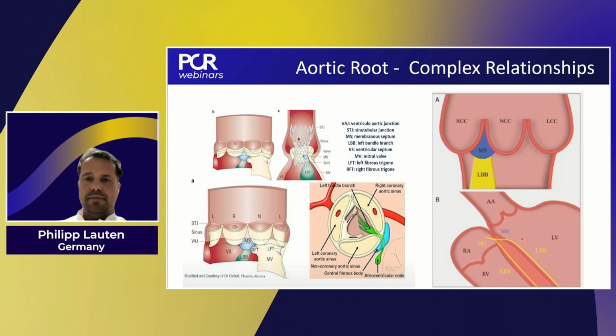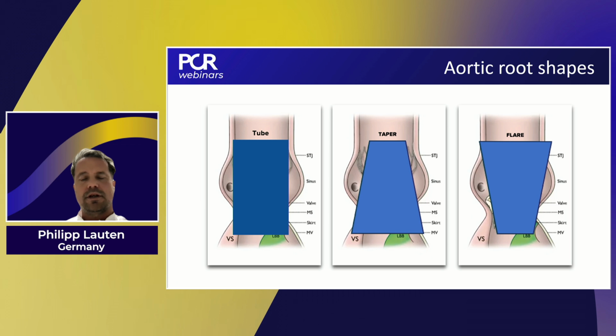It's really important in the CT to screen the aortic root shapes. We have tapered and flared root shapes according to the LVOT. This is important, especially if you use self-expanding valves, because of the risk of embolization, maybe if you implant the valve too deep, and in the tapered anatomy in the middle frame, which opens the LVOT, the valve is maybe embolizing into the left ventricle.